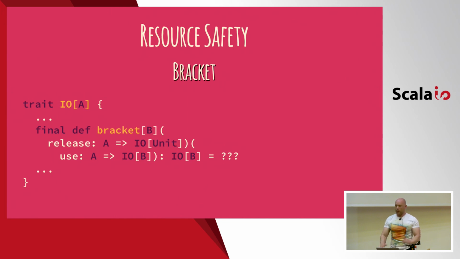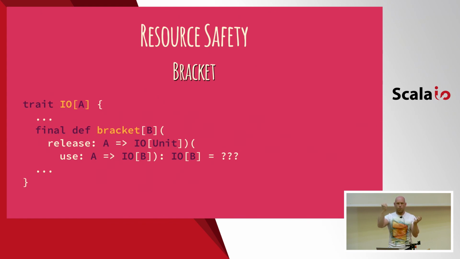And it does that. It's defined on I/O of A. So your I/O of A represents acquisition of an A resource. And if that computation succeeds, it's going to produce an A, of course. That's your resource.